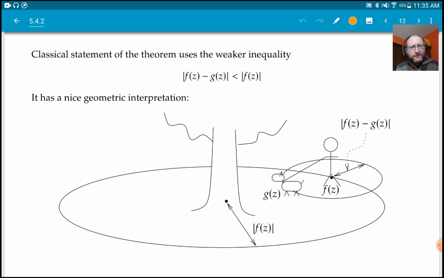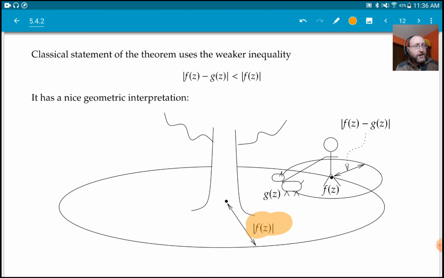And you're maybe not in a circle, right? But your distance from the tree is the modulus of f of z, right? That's how far, and you're walking around in the complex plane, right? The tree is at the origin, right? And you're walking around, your distance to the origin is the modulus of f, right?